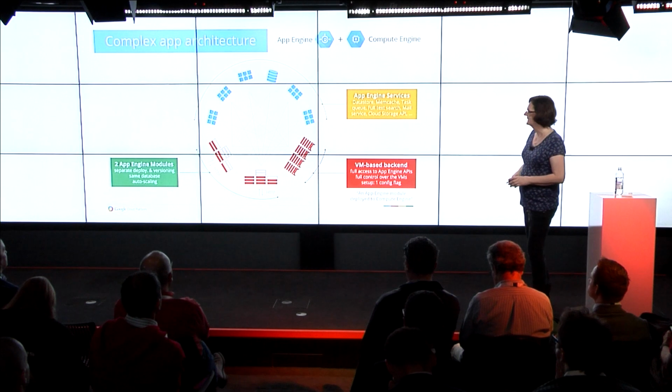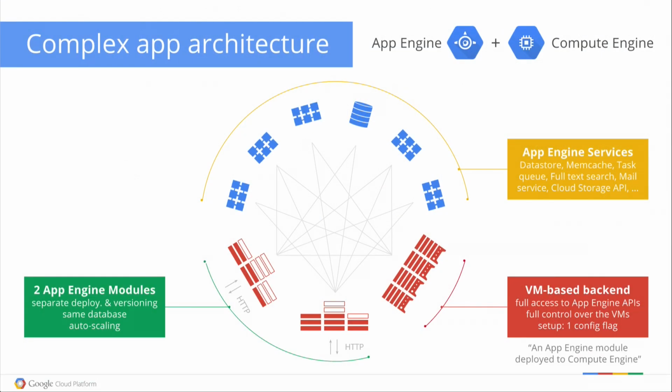So a complex app architecture would look something like this. We have all of these services at the top here, which are App Engine services, the data store, Memcache. We have things like task queues, full search API, mail service, cloud storage API. Then we have modules. We have 2 App Engine modules. And App Engine is completely modular now.